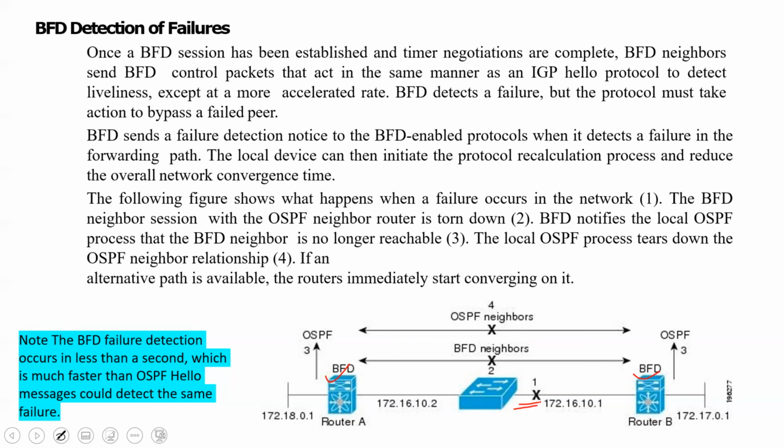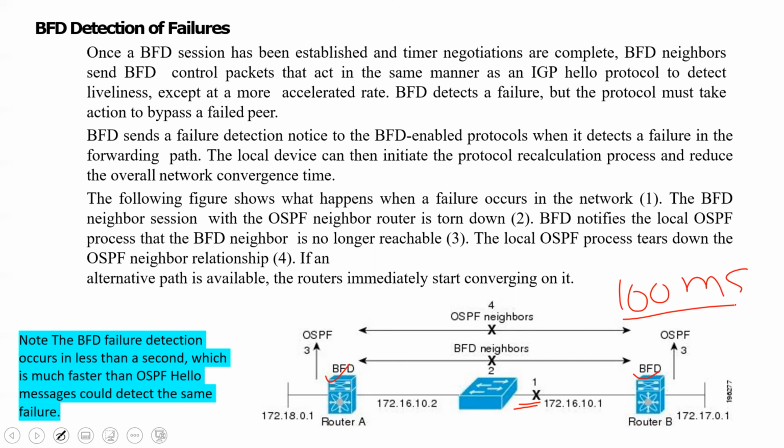Suppose your multiplier is 3: after 3 consecutive transmits, you are not getting any receive, and then you detect that, after maybe 100 milliseconds, the peer is unreachable. Correct? And we know that 100 milliseconds is 1/10 of a second.